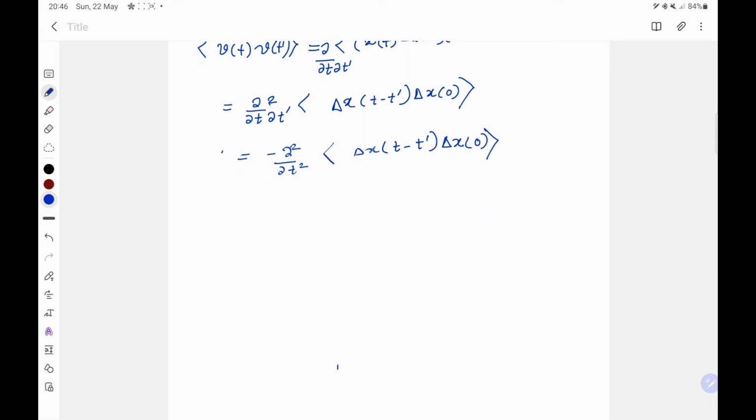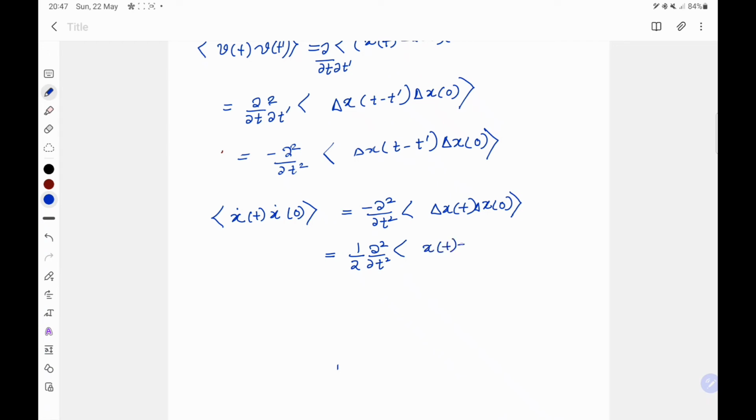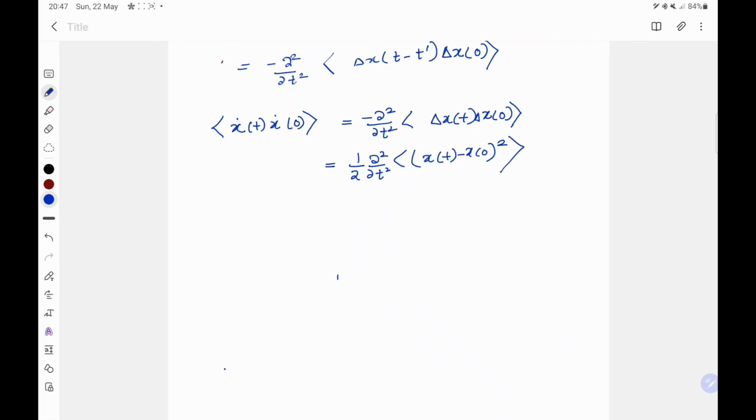And so this will be x dot t x dot t0, then can be written as minus del 2 del t2 delta of x t delta of x0, and this is equivalent to del 2 by del t2 of x t minus x0 whole square, or the mean displacement square, derivative of that.